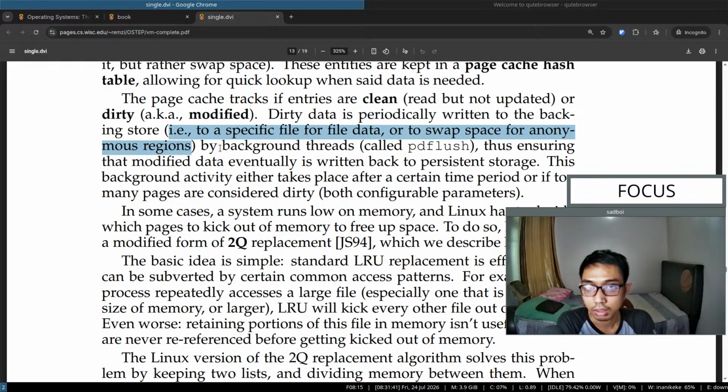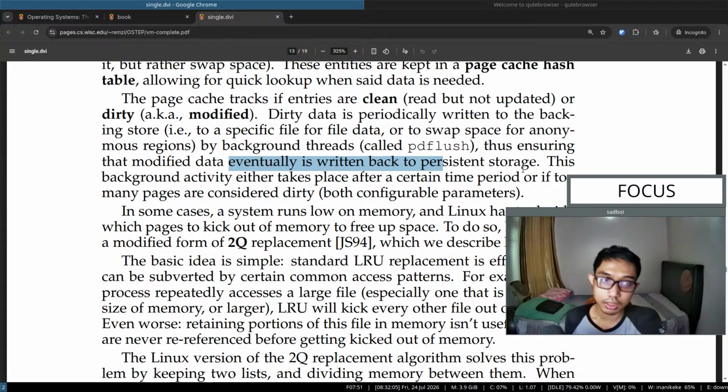Written to the backing store by background threads called pdflush, thus ensuring that modified data eventually is written back to persistent storage.